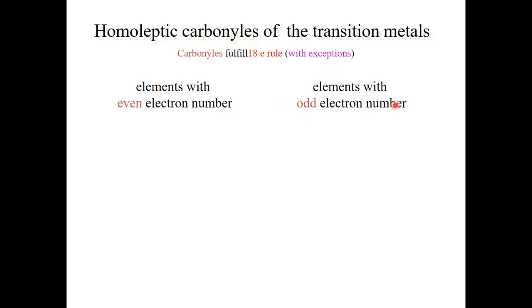So in this case, the most simple carbonyl is not a monomeric carbonyl, but a dimeric carbonyl, because 17 valence electrons dimerize to make a dimeric carbonyl with a metal-metal bond. Okay, so let's summarize this. When we have elements with an even electron number, then we can make a simple mononuclear carbonyl of the formula M(CO)x.